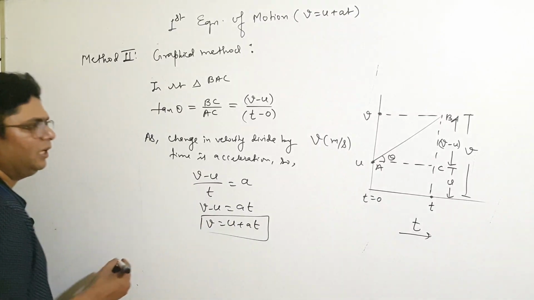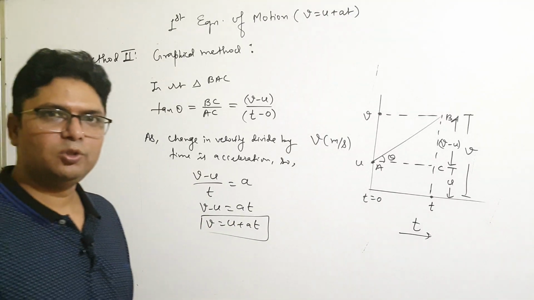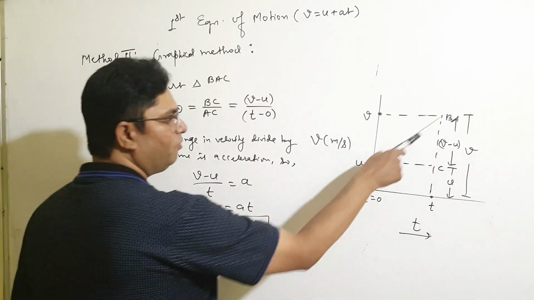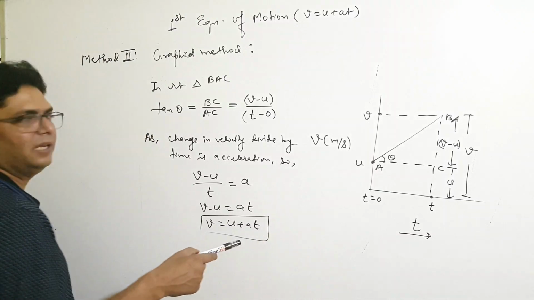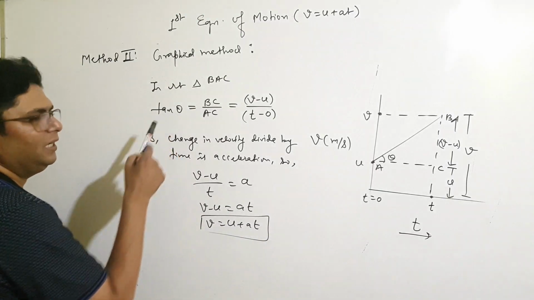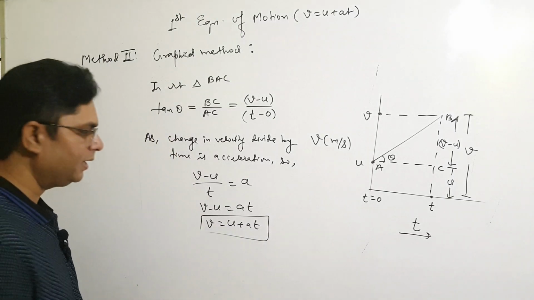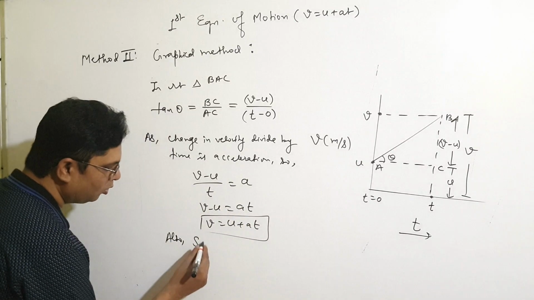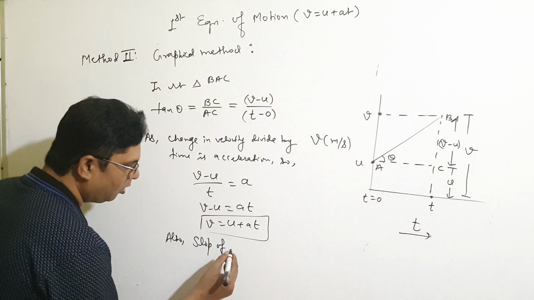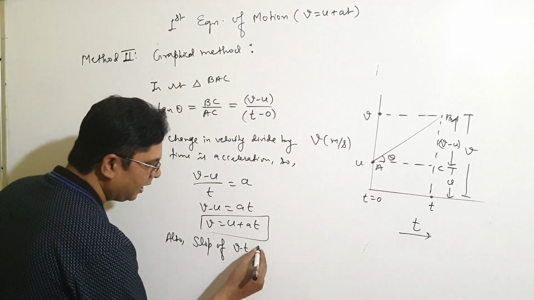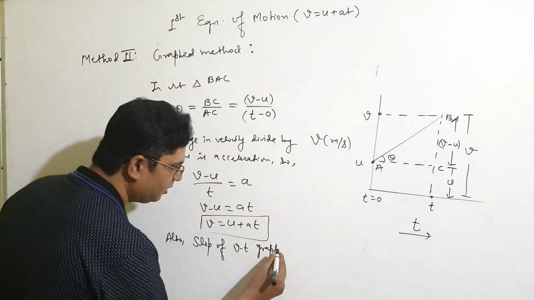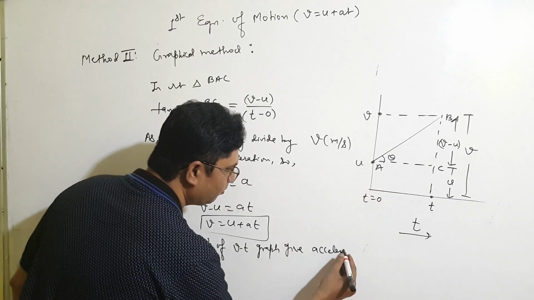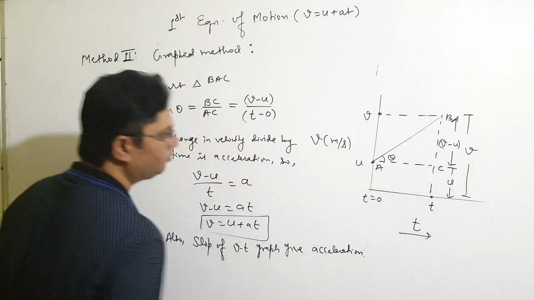Thus graphically you find that velocity equals u plus at, and you will learn one more thing, that the slope of a triangle gives acceleration, because tan theta is the slope of the triangle. What you learn also is that the slope of a velocity time graph gives acceleration.